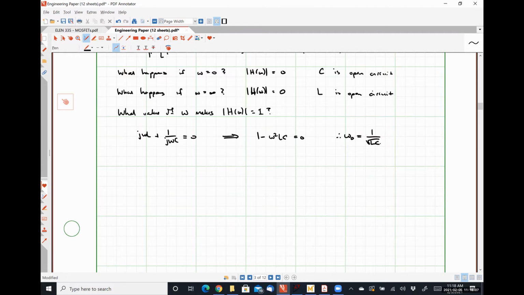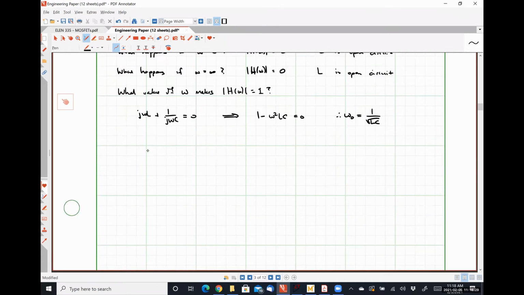So it's 0 for very low frequencies, 1 at resonance, and then trails down to 0 again for very high frequencies. There are, in this case, 2 3-decibel frequencies that we need to account for. What I mean by that is I'm going to draw a quick picture of roughly what's going on here.